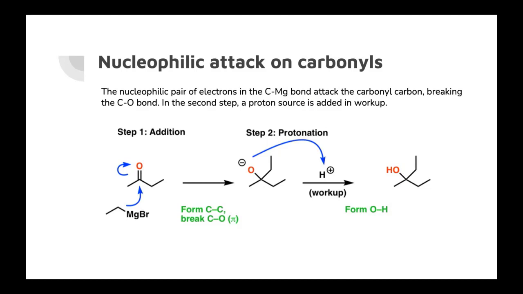So when you use MgBr, which is your Grignard reagent, it will attack that electrophilic carbon, and you will create an alcohol. That's another way to create an alcohol from a carbonyl, and it can also add carbons as well.